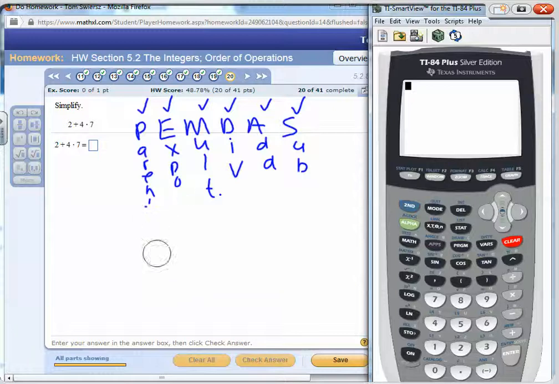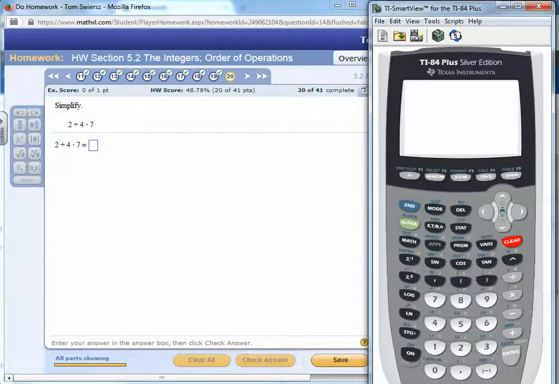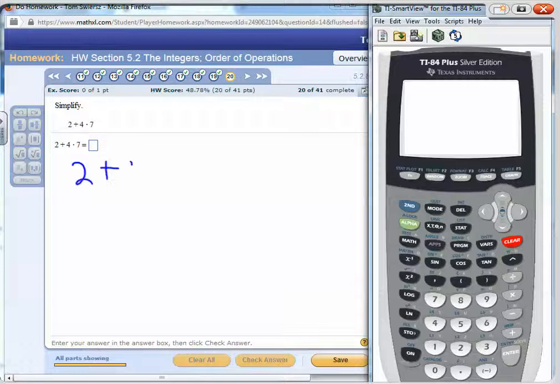Okay? So we have, in this problem, 2 plus 4 times 7. Notice there's an addition and a multiplication.